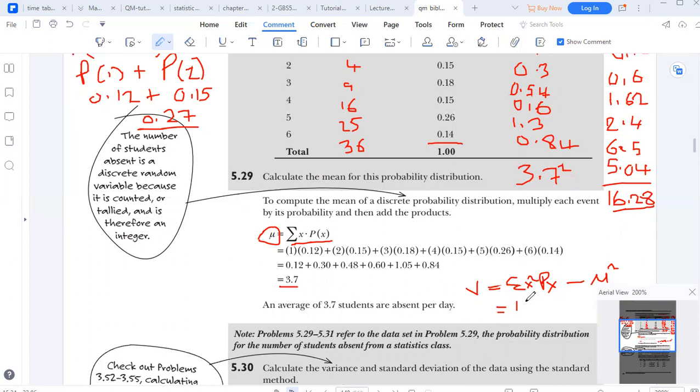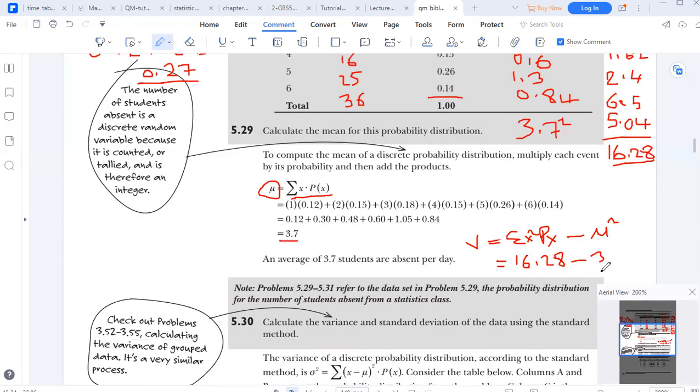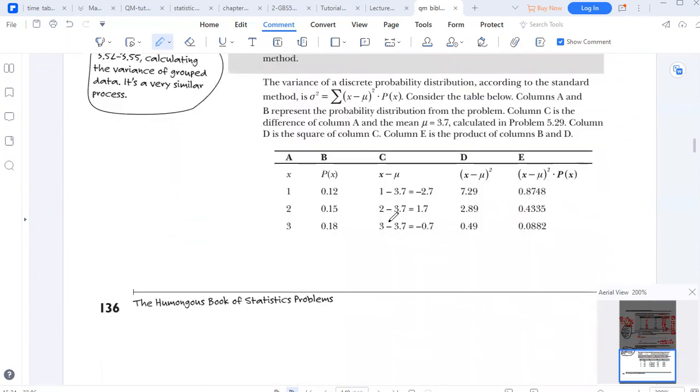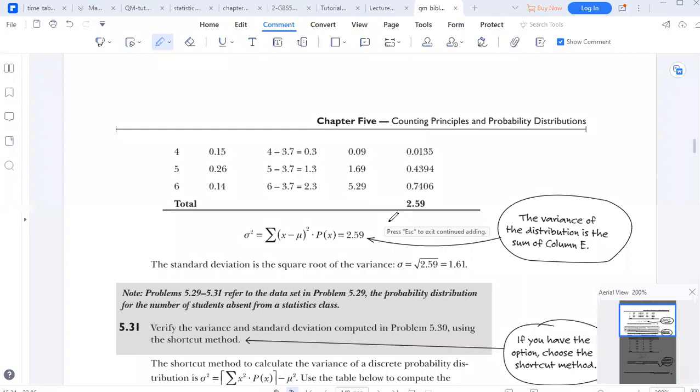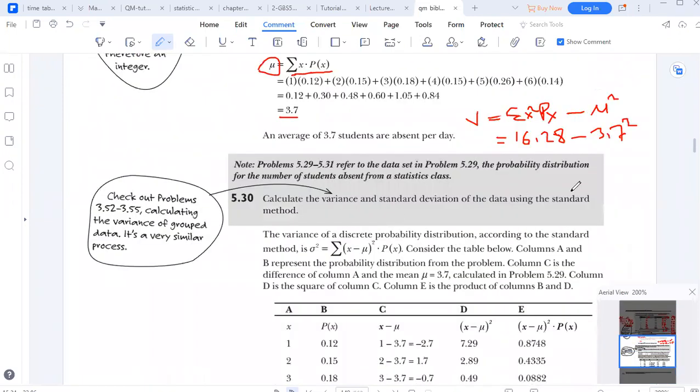So 16.28 minus 3.7 to the power 2. What I get is the variance, which will give me 2.59.